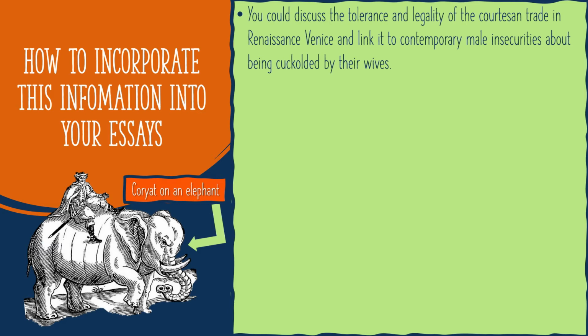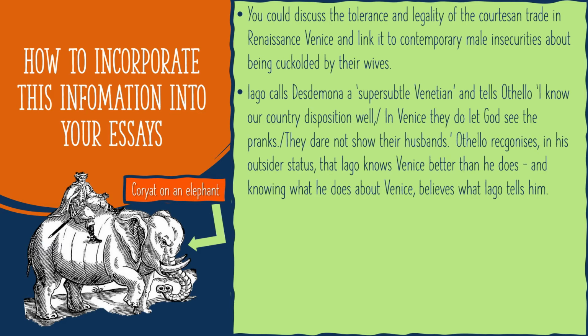Not only that, you could maybe consider Iago. Iago calls Desdemona a super subtle Venetian and tells Othello, "I know our country's disposition well. In Venice they do let God see the pranks they dare not show their husbands." Othello recognizes in his outsider status that Iago apparently knows Venice better than he does.